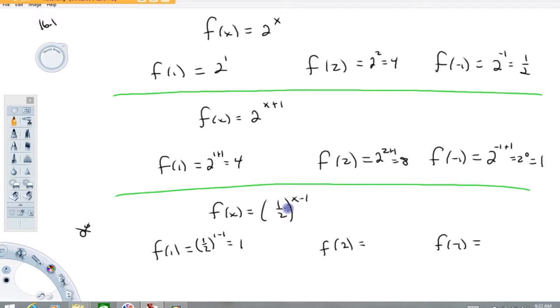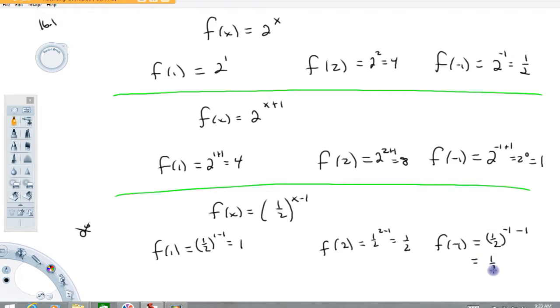All right, 2. Putting a 2 here, this is going to read 1/2 to the 2 minus 1, which is 1/2 to the power of 1, and 1/2 to the 1 is 1/2. All right, minus 1. So f of minus 1 is going to be 1/2 to the, and be real careful with these minus signs, minus 1 for the x, minus 1 for this minus 1.